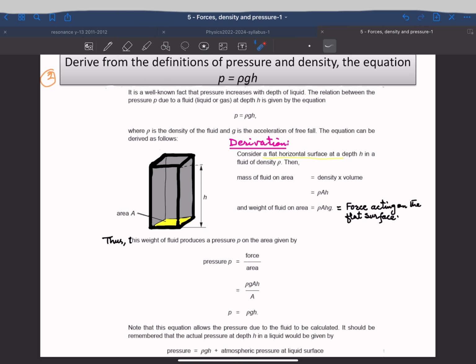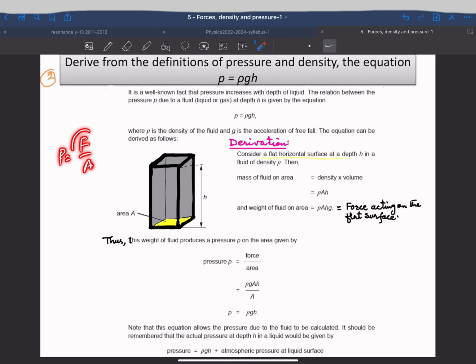But as I said, if your container is open, then not only this liquid but the atmospheric pressure will also act, and you will say that the total pressure is nothing but rho gh plus the atmospheric pressure at the liquid surface. I hope it's clear. I repeat, the simple thing is that P is equal to force per unit area.